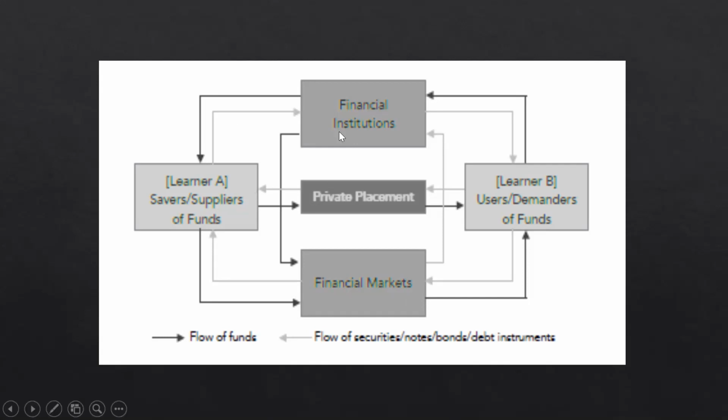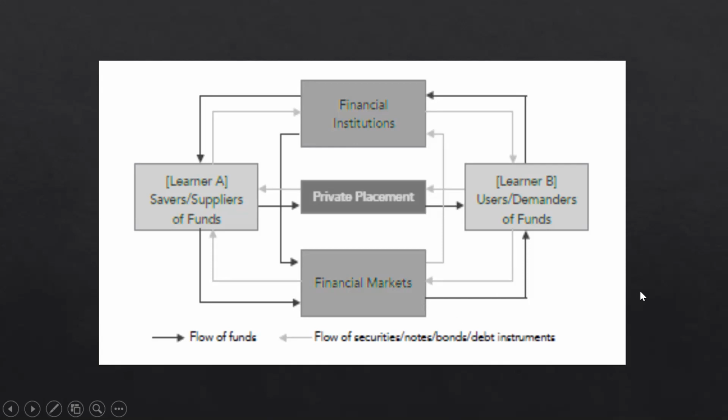There's also a case where financial institutions supply it to financial markets or suppliers of funds by virtue of private placement provided to users or demanders of funds. And this financial system presents another cycle for the flow of securities.